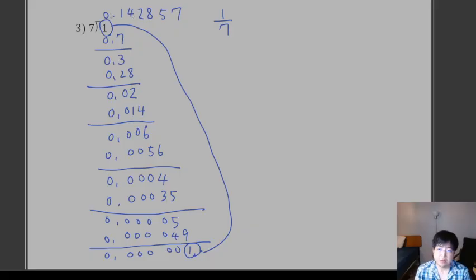So after 0.142857, I know the next number is going to be 1, then 4, then 2, so we know that this 142857 part will repeat. So we can find out that the fraction 1 over 7 is the same as 0.142857, which repeats. Okay.